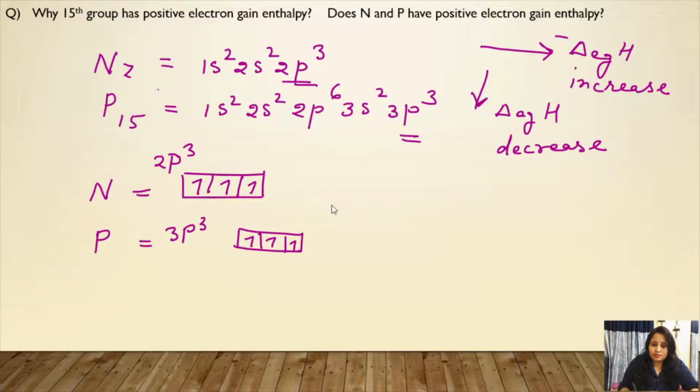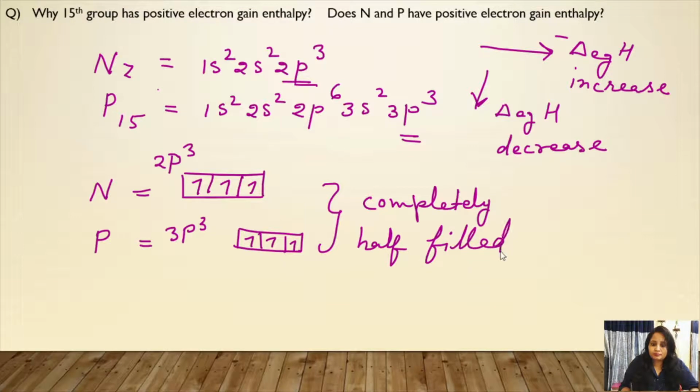So this condition is called completely half filled. So this completely half filled orbital is a very stable condition.